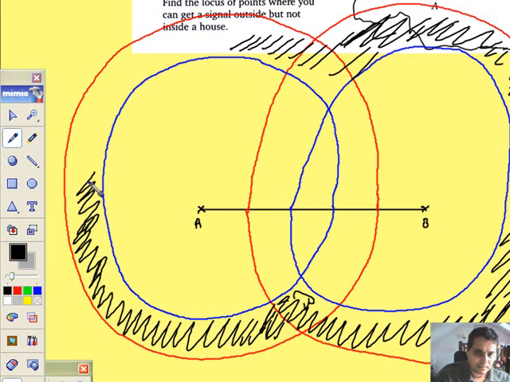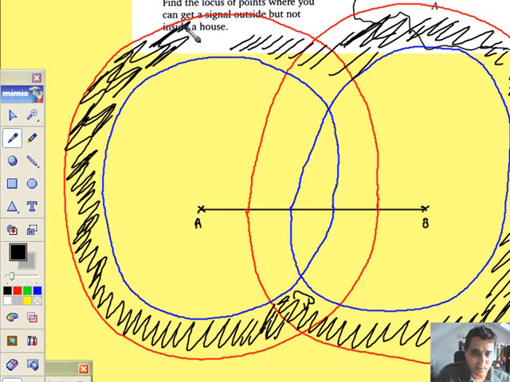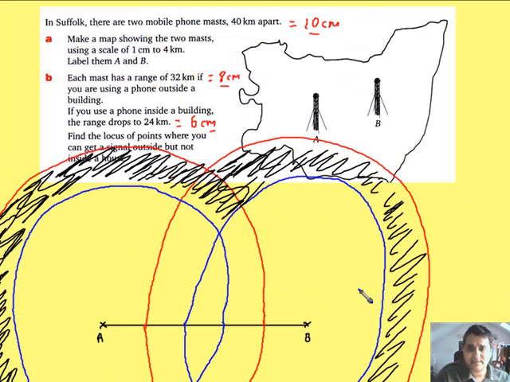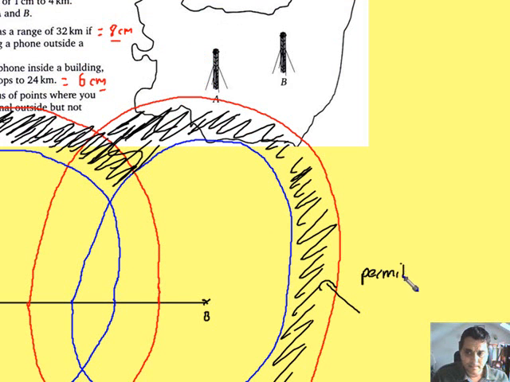Hope you do. Looks like I'm designing a donut. But it's not, it's a loci question. It's going to get me a grade C. And there you go, that's it. So this is the permitted area. How do you spell permitted? Okay. Looks alright.